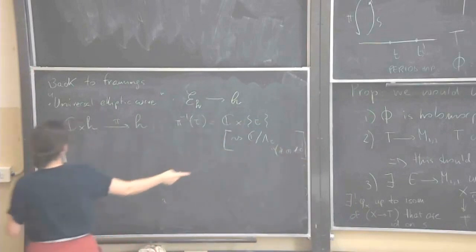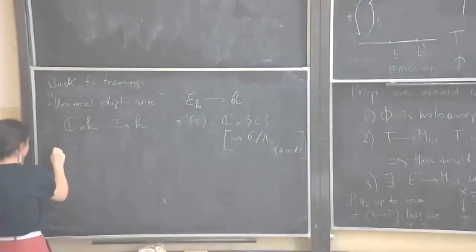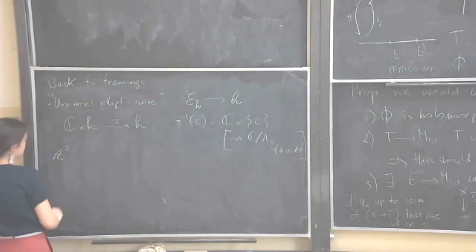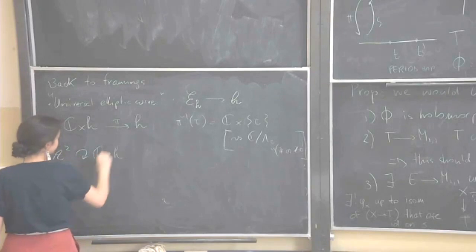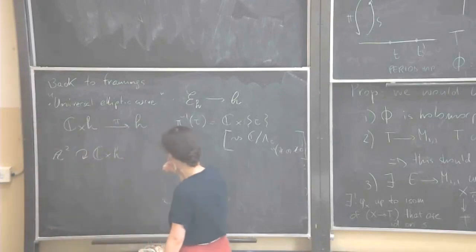So how do we get here? We define an action of Z squared on C times H, which goes like this.